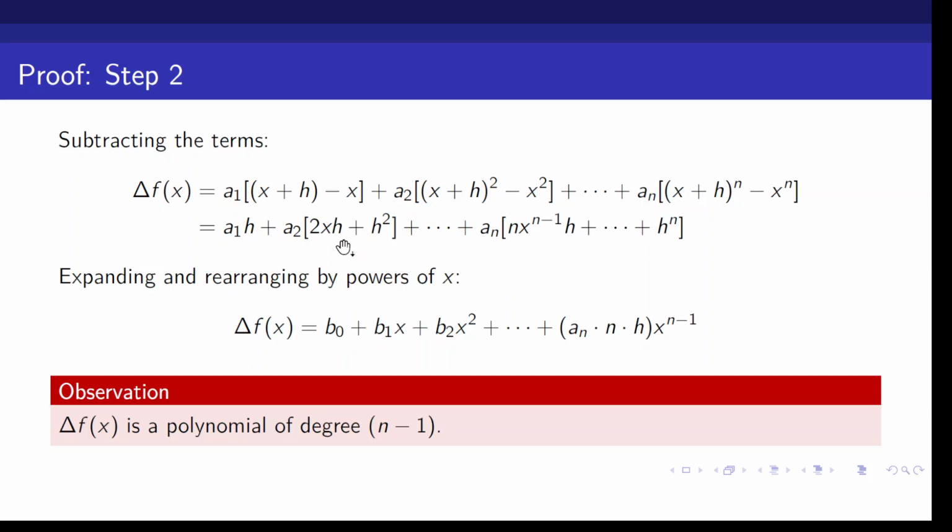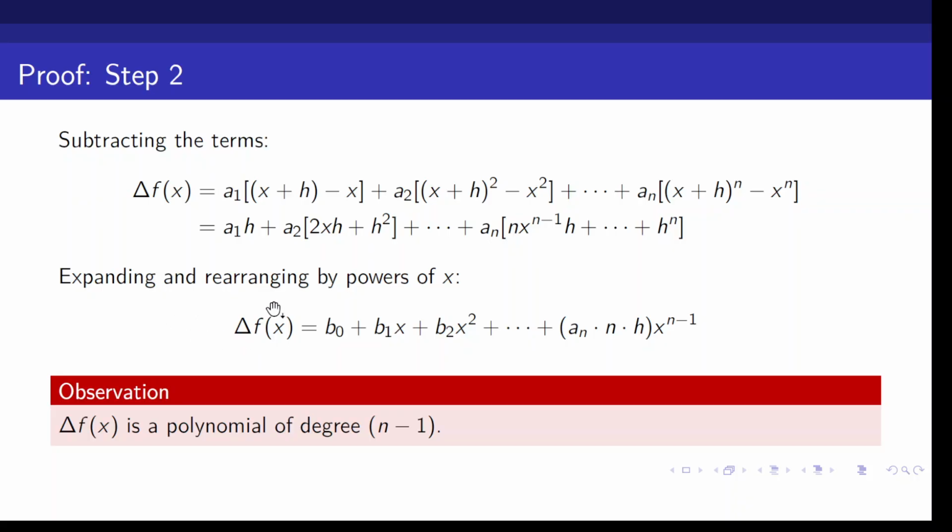Here look at this. 2 is the coefficient, and 2 minus 1, x power 1, like that. Here n is the coefficient, n minus 1, x power n minus 1, h, here h square, last term is h power n.